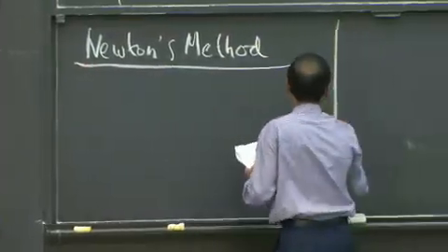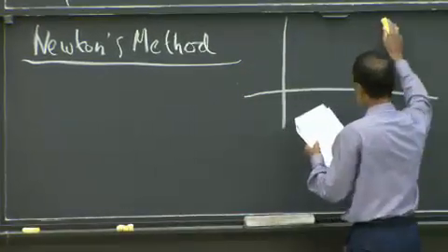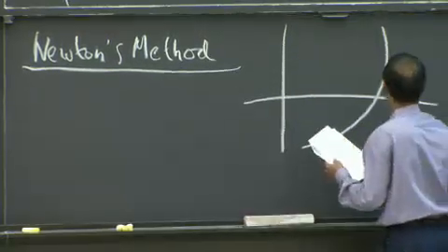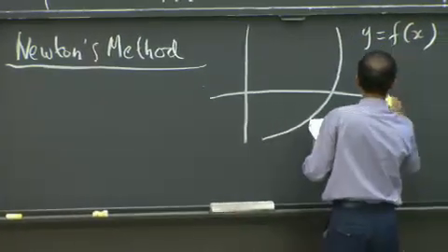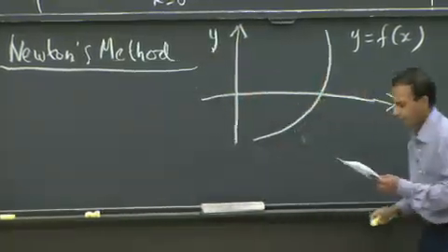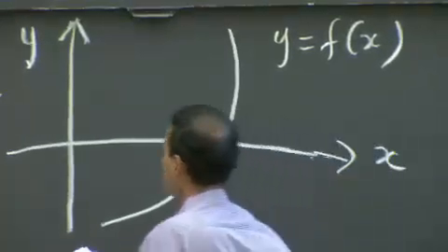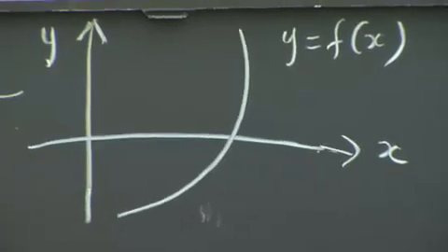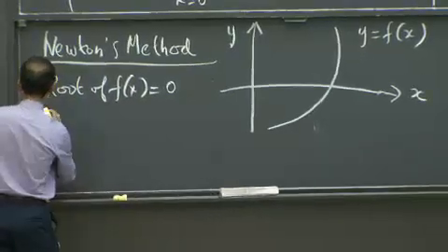And Newton's method is something you probably learned about in middle school, high school. And let's say you have a function y equals f of x, where this is x and that's y, the coordinate axes. And we're going to try and find the root of f(x) equals 0 through successive approximation.